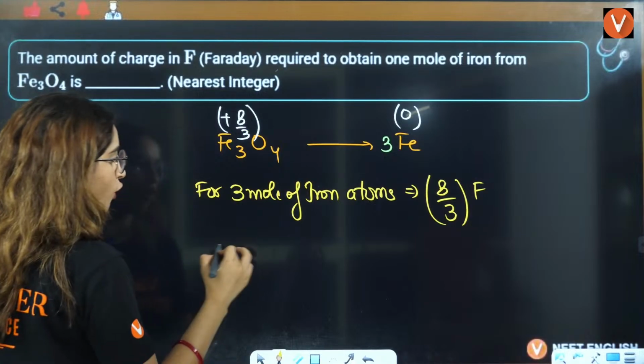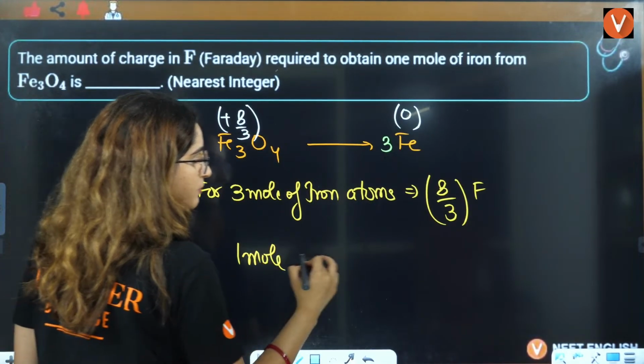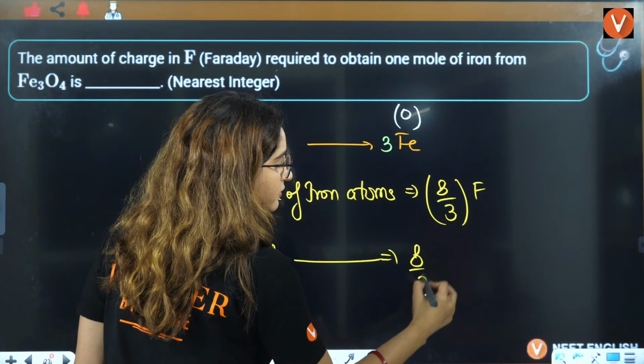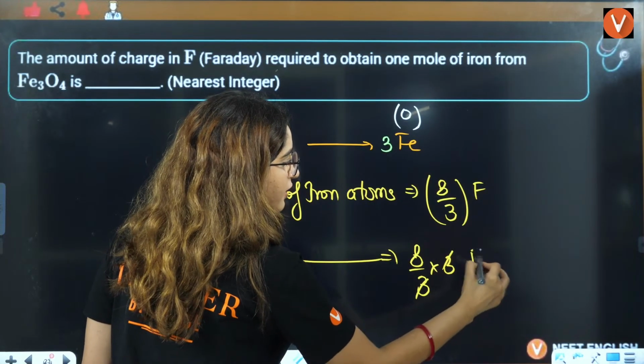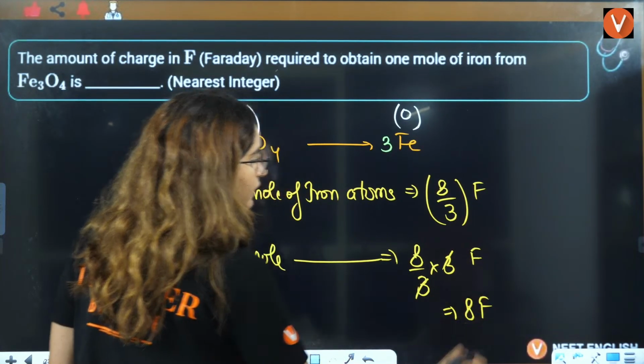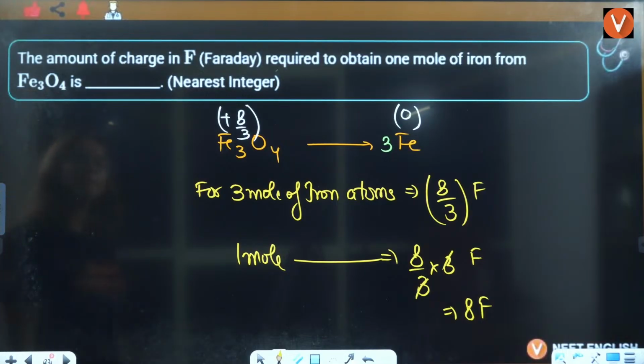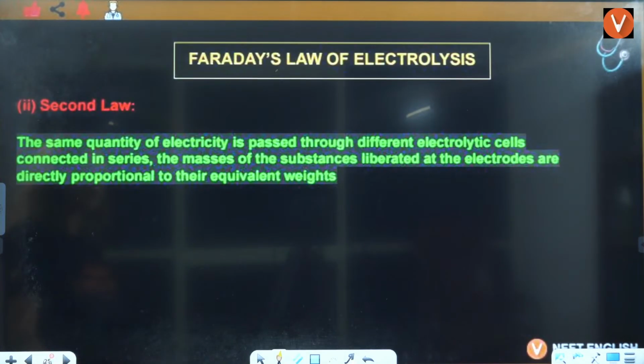Okay. So for 1 mole, it will be 8 by 3 multiplied by 3 Faraday. So the answer will be 8 Faraday. Okay. Yes, everybody? Clear? Sure.